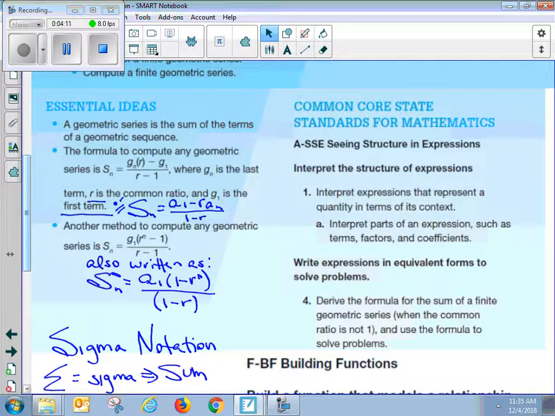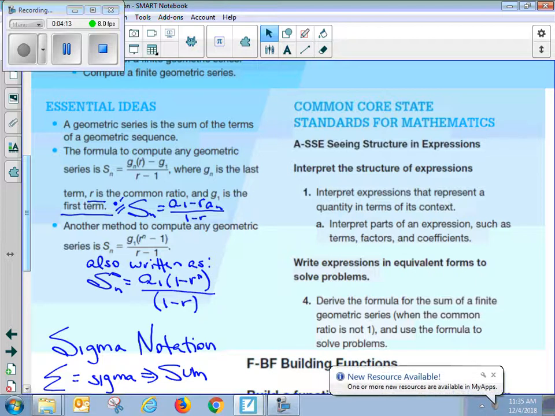What would allow me to do that? Because the signs are also different. Could you multiply by something to change your signs? Negative 1, good. And whatever you do to the bottom, you have to do to the top. If I multiply by -1 over -1, then that's what it looks like. I wrote that there not to confuse you, but depending on your resource will depend on the way they throw it to you. I didn't want you to think it's a different formula. It's the same one in a different format. Okay?